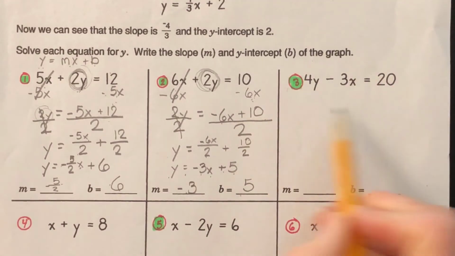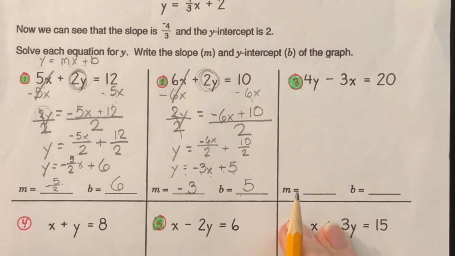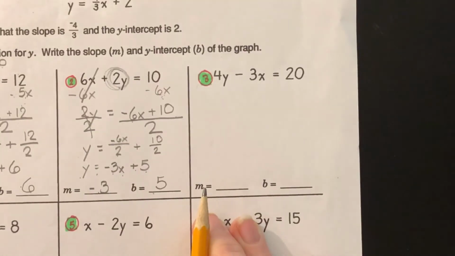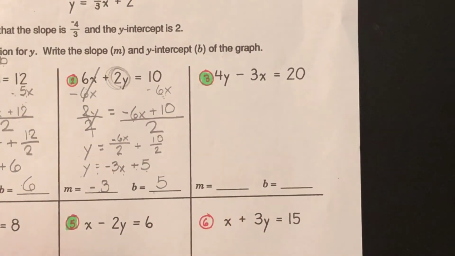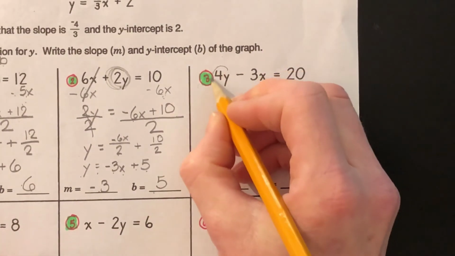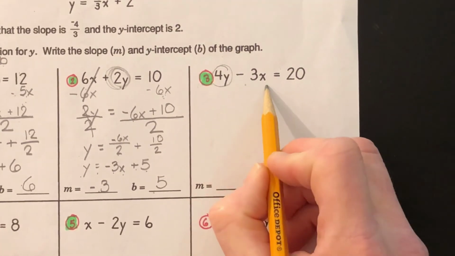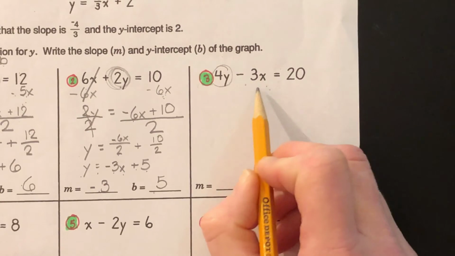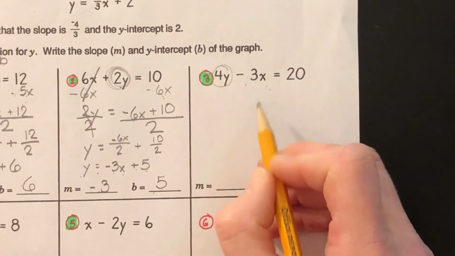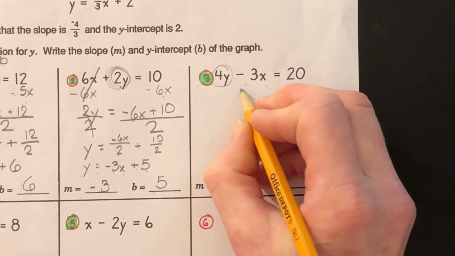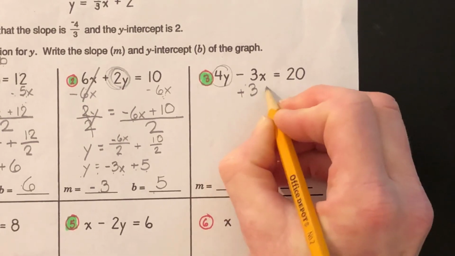Number 3, 4y minus 3x equals 20. Here's our y term. We've got a -3x. Either way, the opposite is plus 3x. We will add 3x to both sides this time.